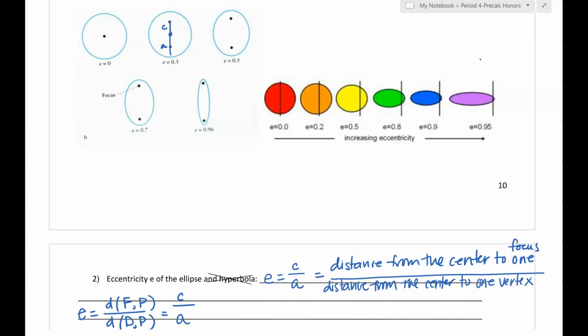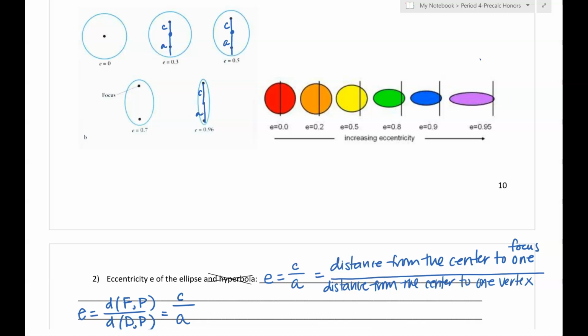But when the distance of c gets closer to the distance of a, it makes your ellipse more narrow. So the closer the value of e to 1, the narrower your ellipse is going to be.